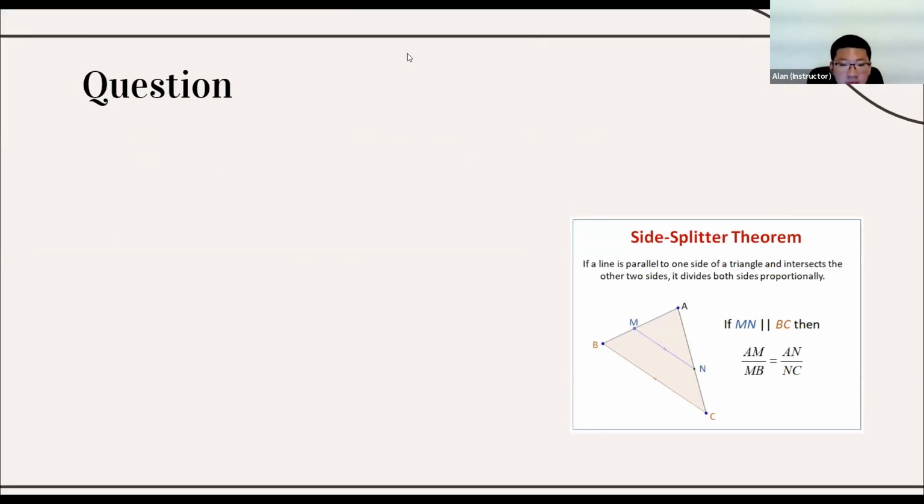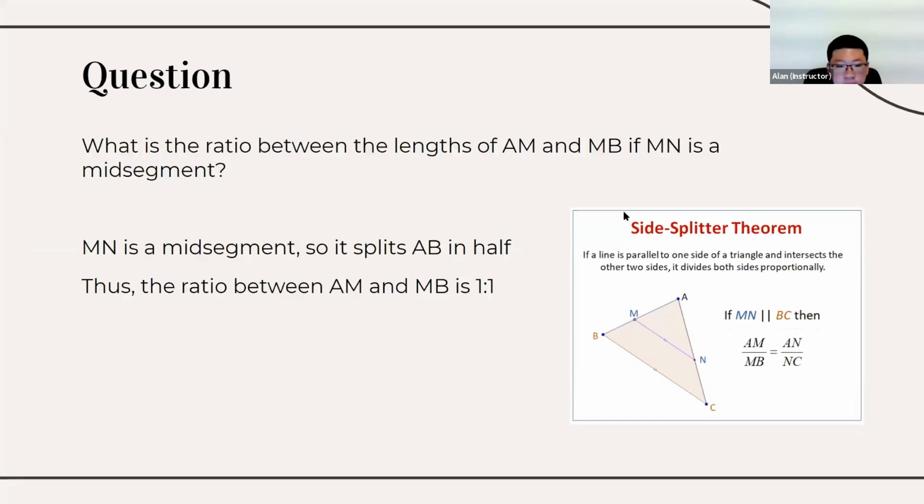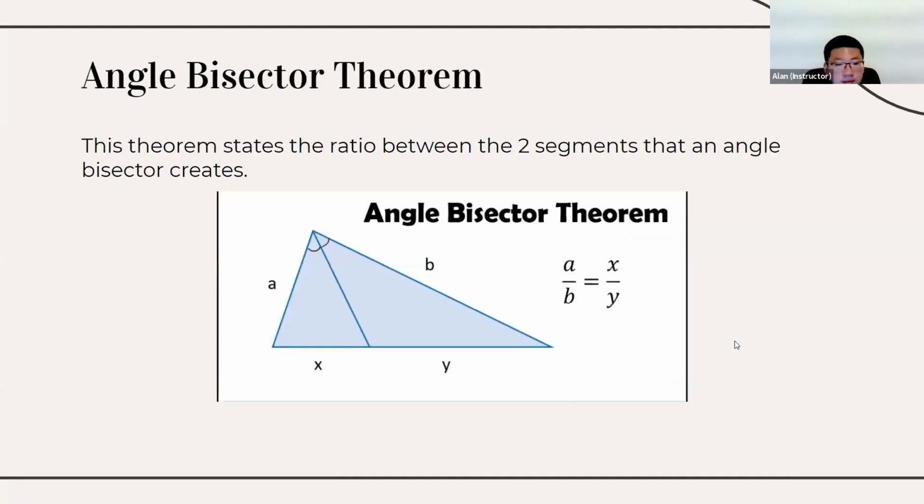Alright, some of you have given me the correct answer. The correct answer is also 1-to-1 because, as you can see on the right, the ratio between AM and MB is going to be equal to the ratio between AN and NC. Since the ratio between AM and MB is 1-to-1, so is the ratio between AN and NC.